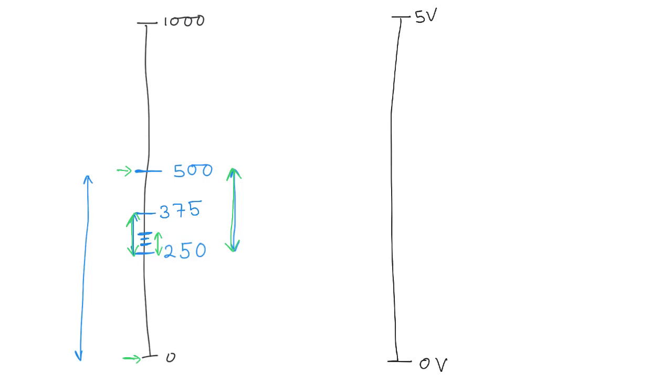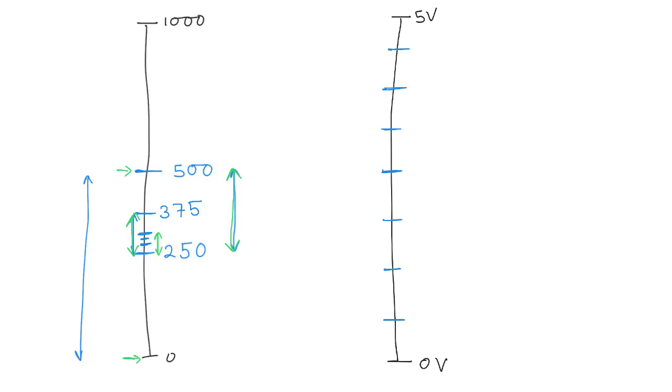So let's assume that we are doing a 3-bit conversion, and that means that there are 8 levels. So we want to divide 0 to 5 volts into 8 intervals.